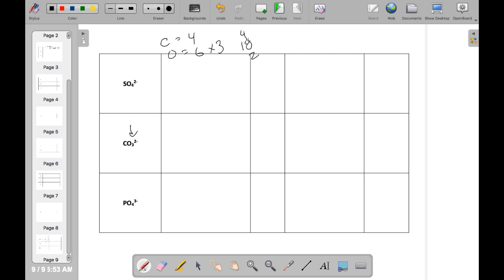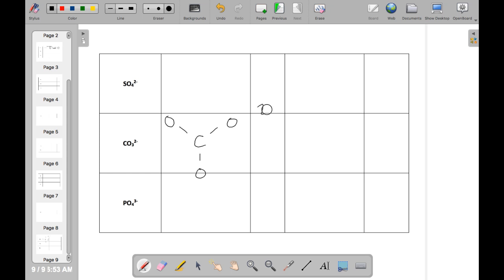So really we have 24 electrons. Okay, this one's a little strange, so we'll draw the carbonate in the middle here. Then we'll draw out our oxygens. Bond it to the oxygens.